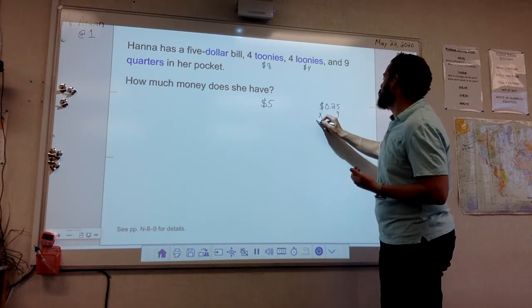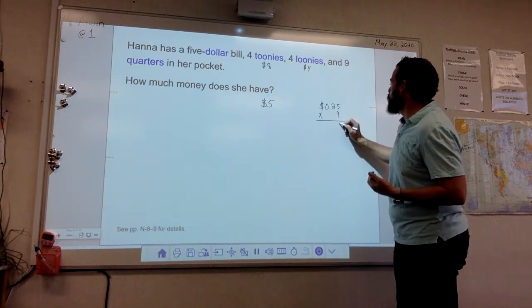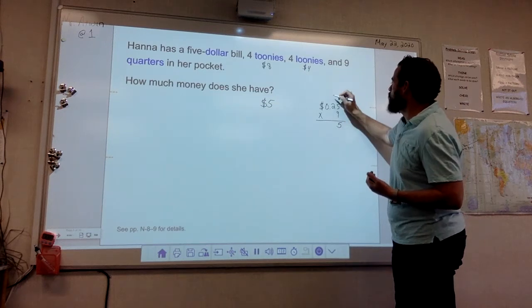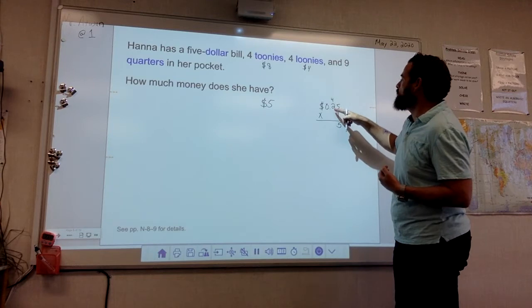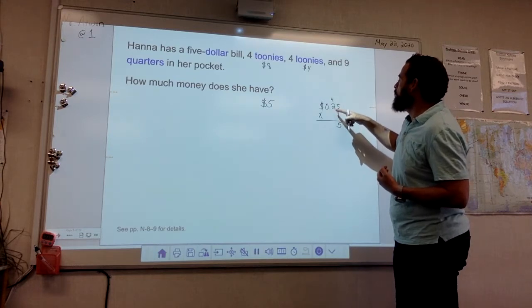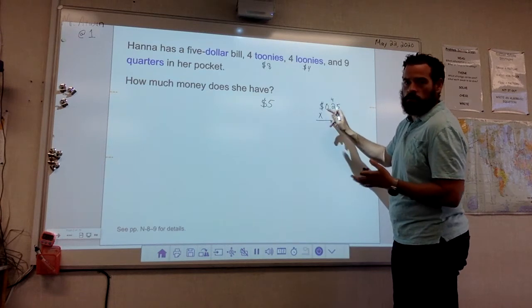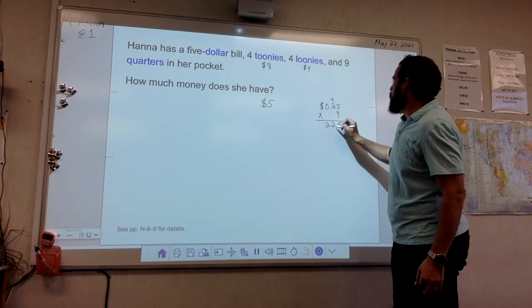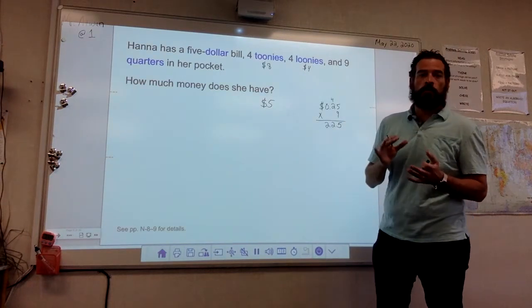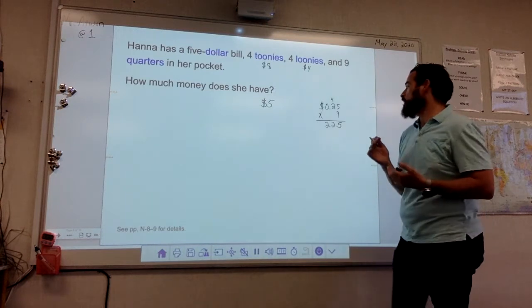times 9. So 9 times 5 is 45. So I write a 5 here, a 4 up here, and then 9 times 2 is 18, and then 18 plus 4 is 22. And I've got a 0 here, so I can write my 22 down below my line here. Now I just have to be careful what I do with my decimal point when I'm multiplying with decimals or money values.